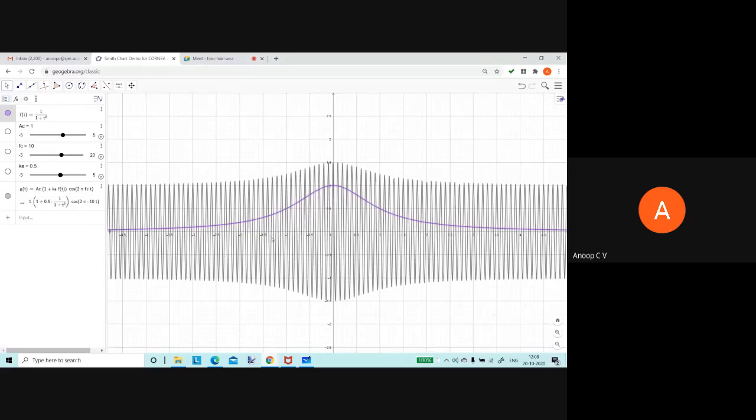How do you know what the maximum value and the minimum value are? You know how to find the maximum value: the maximum value will be Ac into 1 plus mu. We have assumed Ac is equal to 1 here. Please do listen carefully, we have assumed Ac is equal to 1 here. I'll take a pen and write it. So the maximum value, V max, is equal to Ac into 1 plus mu.